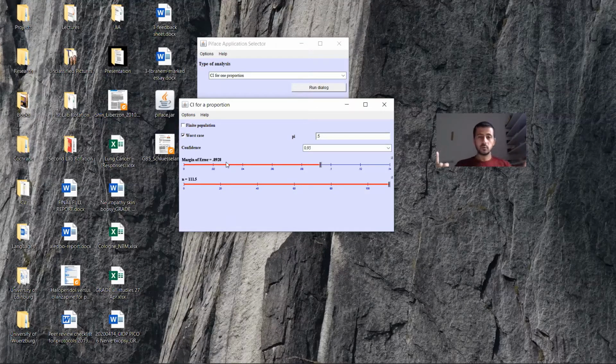Another person came to me and told me, okay, I went to the streets, I got a sample of 1,000 participants, and I got the proportion is also 50%, but the 95 confidence interval is from 45 to 55.